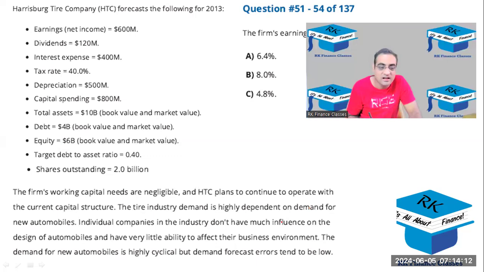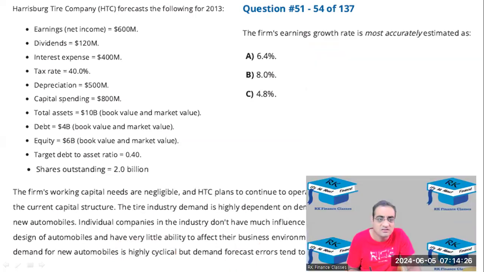The demand for new automobiles is highly cyclical, so the demand for tires will also be highly cyclical, but the demand forecasts tend to be slower, so the forecast errors tend to be lower. That is a good thing. But there is nothing about the niche in this.